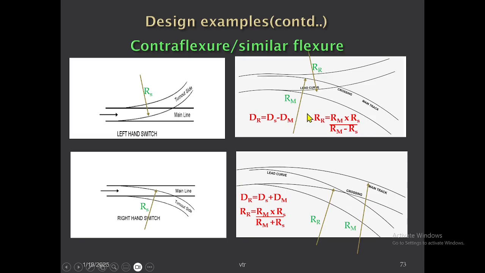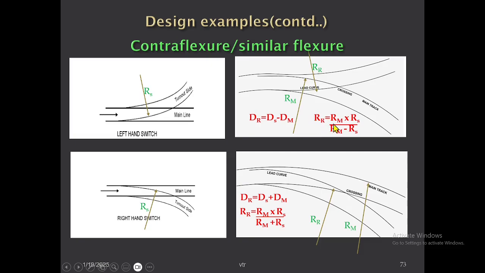Normally we make the equation in terms of radius, because for all calculations of superelevation we use radius. So in terms of radius, Rr equals Rm into Rs divided by Rm minus Rs. It's simple because Dr equals Ds minus Dm. We can substitute the relation between degree and radius: degree equals 1750 divided by R. Like that, Ds is 1750 divided by Rs and Dm is 1750 divided by Rm. Substituting here and rearranging the equation, we get the Rr. In case of contraflexure, the resultant radius is equal to Rm into Rs divided by Rm minus Rs.